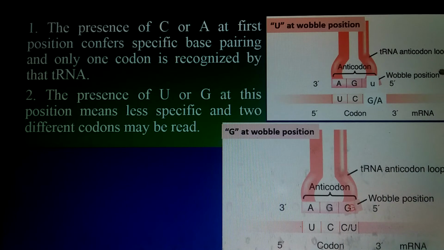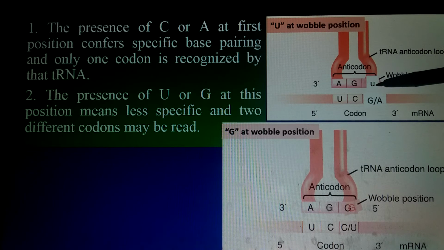Okay. Now I'm going to discuss the Wobble positions. I will show you here the 3 basic concepts related to the Wobble position. Number 1. At the anticodon, at position number 1, which is the Wobble position. Now I call this position the Wobble position because now the concept is clear to you.